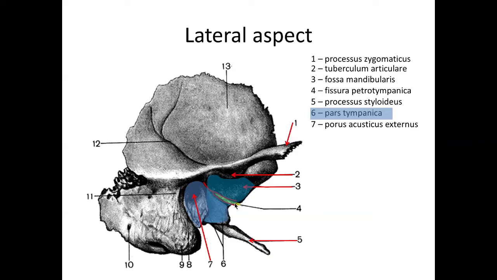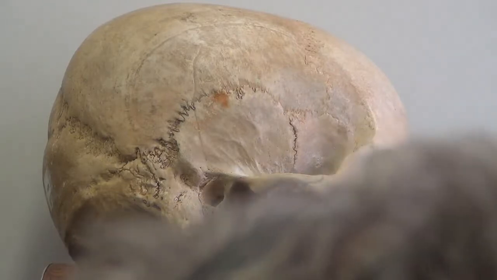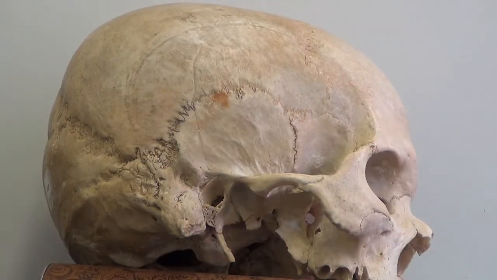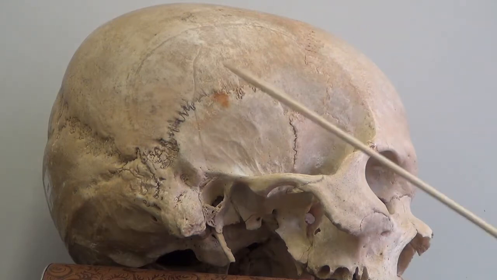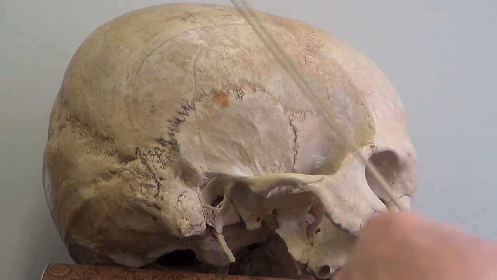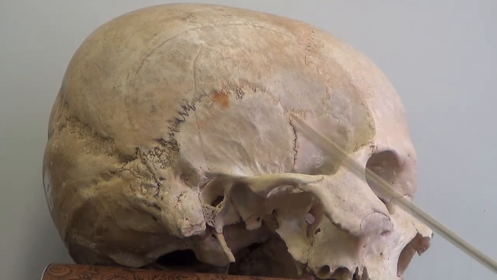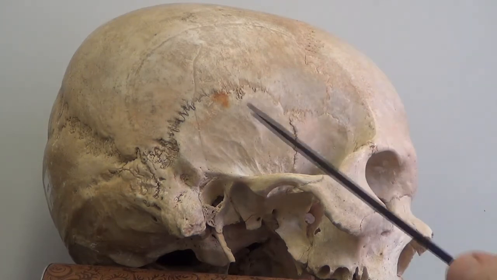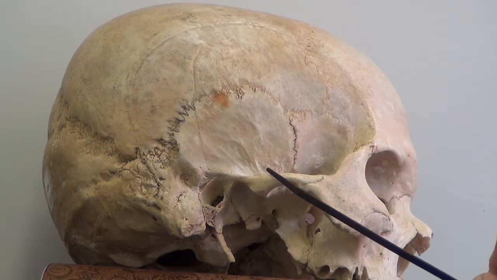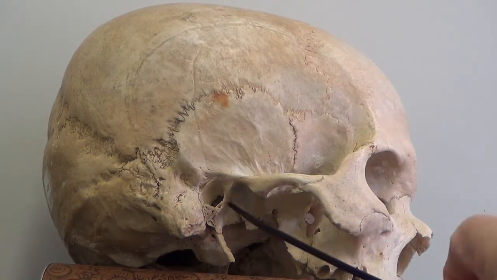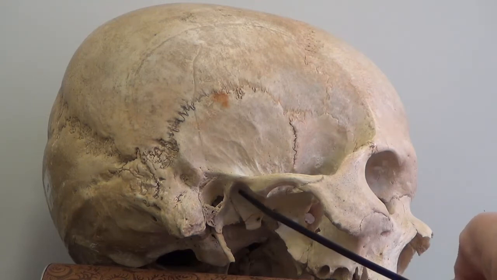And now let us try to find these structures on the real skull. Here it is, processus zygomaticus, and this is fossa mandibularis.